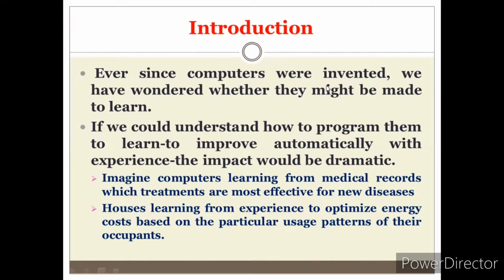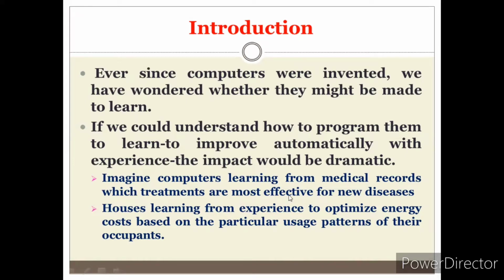Ever since the computers were invented, we have wondered whether they might be made to learn or not. If we could understand how to program them to improve automatically with experience, the impact would be dramatic. A simple example is imagine a computer learning from medical records; it may suggest which kinds of treatments are most effective for particular diseases.